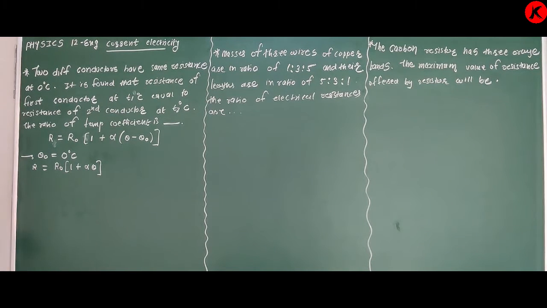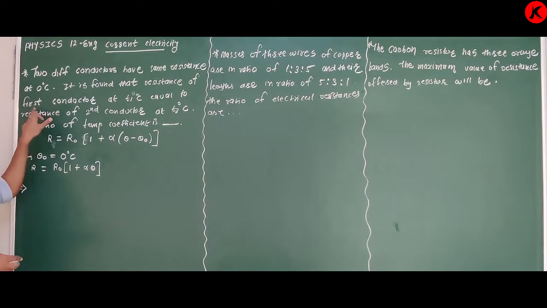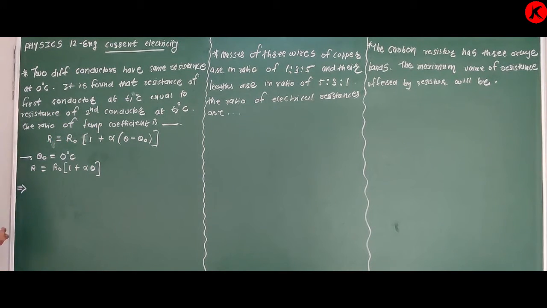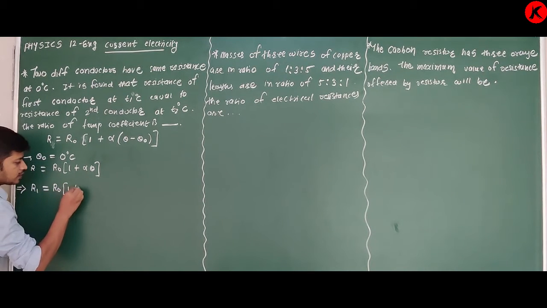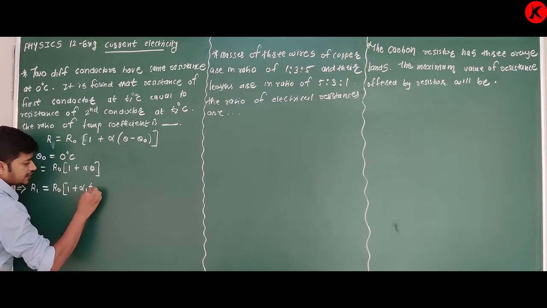Now for the first conductor, I can write this equation. At T1 degree Celsius, its resistance, I am assuming, is R1, so R1 is equal to R0 (1 plus alpha 1 T1).